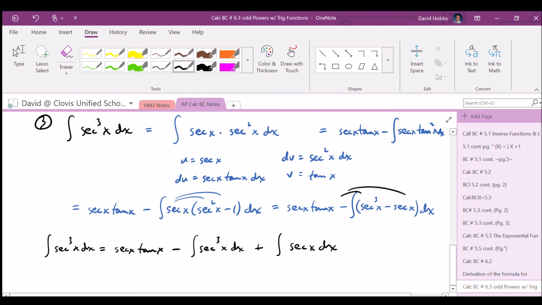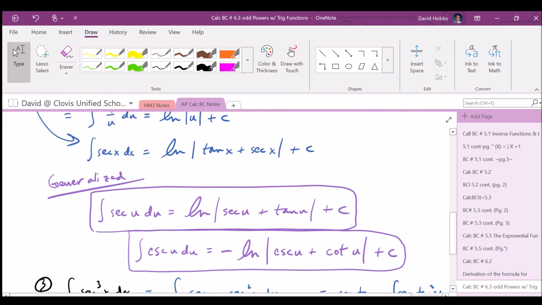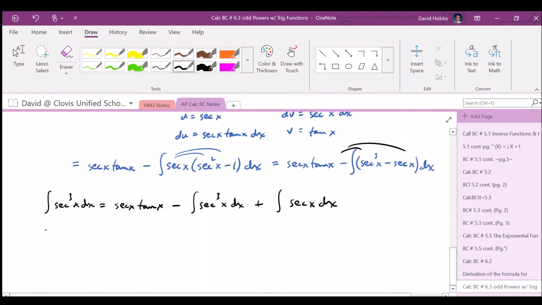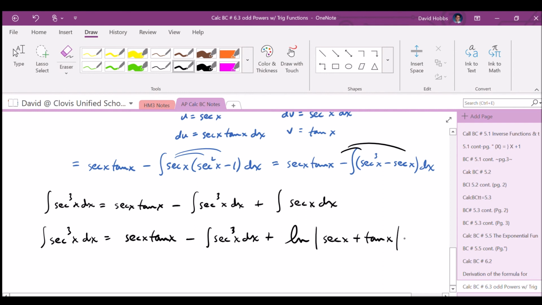Now the secant x dx, we just learned how to do that, so we can deal with that part right now. So we have secant cubed x dx equals secant x tan x minus the integral of secant cubed x dx plus natural log absolute value secant x plus tan x. And I'm going to go ahead and do the plus c right now.